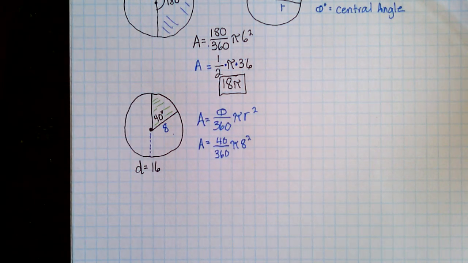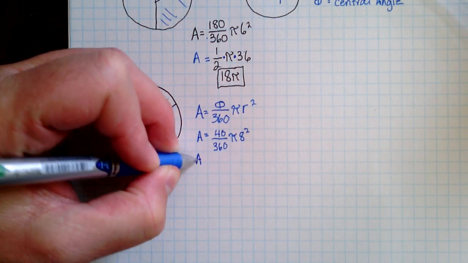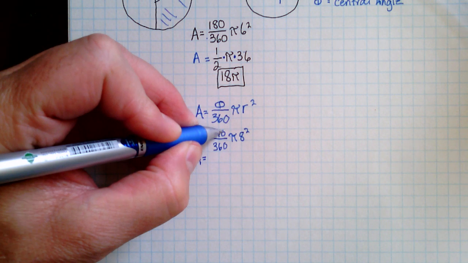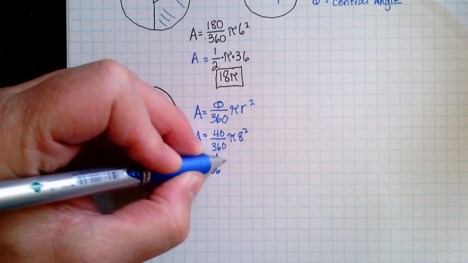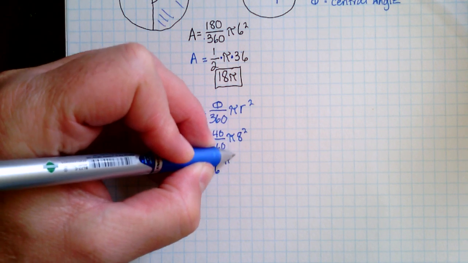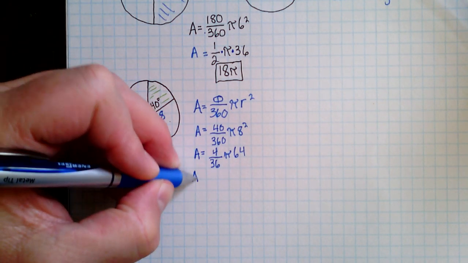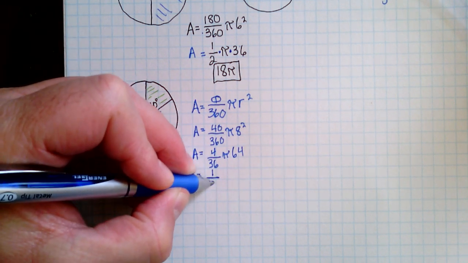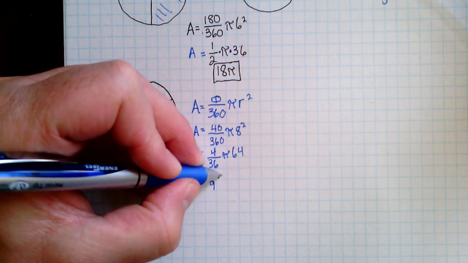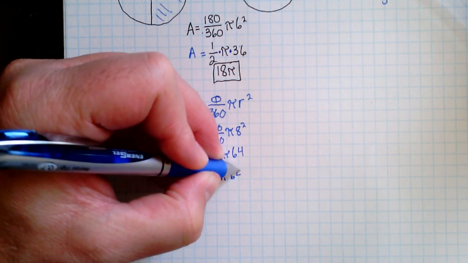It's a pretty common error for people to try to do a bunch of work in their head instead of just writing the steps out. So if I start reducing this, this becomes 4 over 36 times pi times 64. I can reduce this again. 4 goes into 4 once. 4 goes into 36 9 times. 1 over 9 pi times 64.